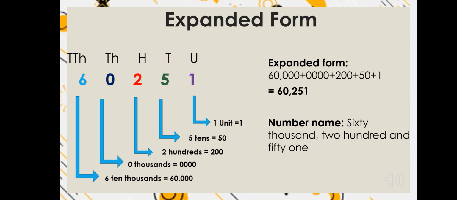When you are going to expand the values, you are going to add it like 60,000 plus 0 four times plus 200 plus 50 plus 1, which is going to give you a total of 60,251, and the number's name is going to be 60,251.